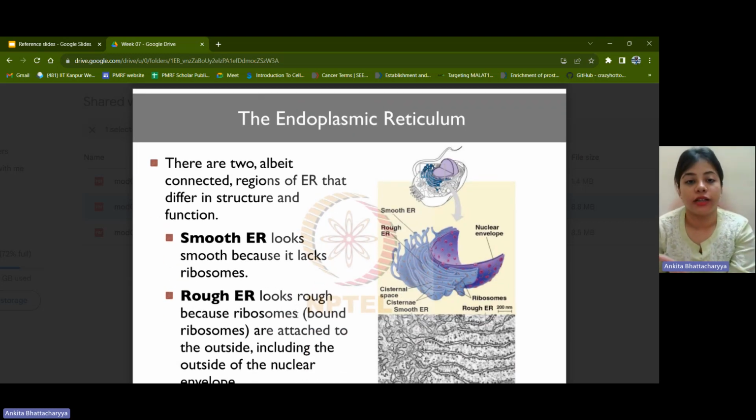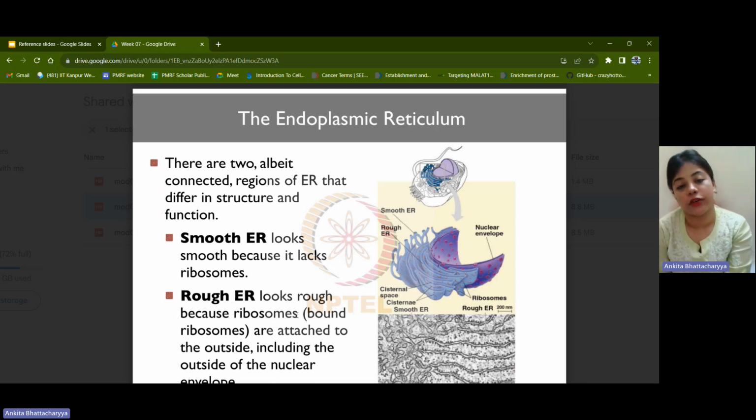And following that, we are seeing that the two, although connected, regions of ER that are known to us, do differ in their structure and function. First we have the smooth ER, which literally looks smooth. It lacks ribosomes. And the rough endoplasmic reticulum, which is rough because of the presence of bound ribosomes, attached on the outside.